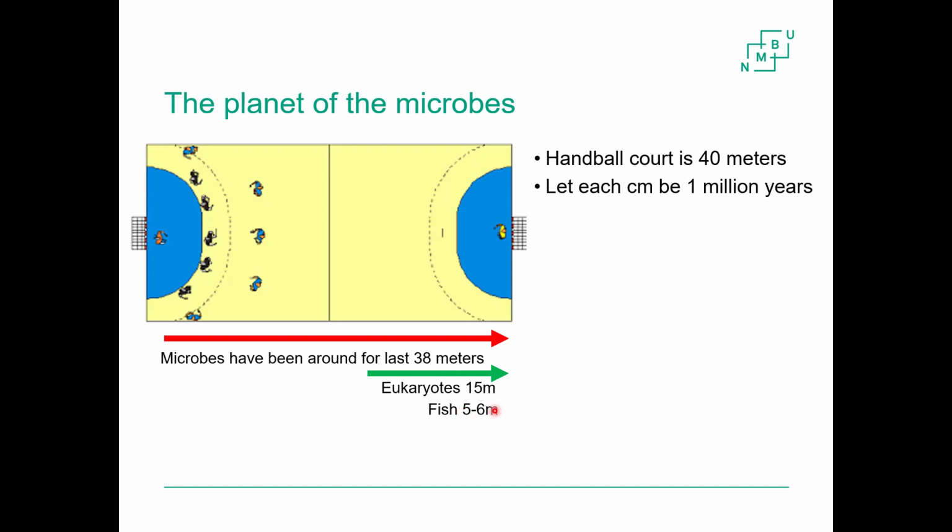The fishes that we maybe think of as simple organisms or have been here forever, no, they have only been around for like 5-6 meters. And the land plants even shorter because life began in the oceans, right? The land plants 4 or 5 of these meters, and the insects only like 3-4 meters.